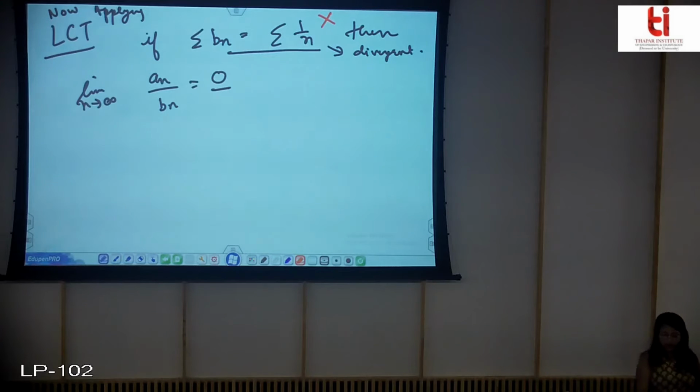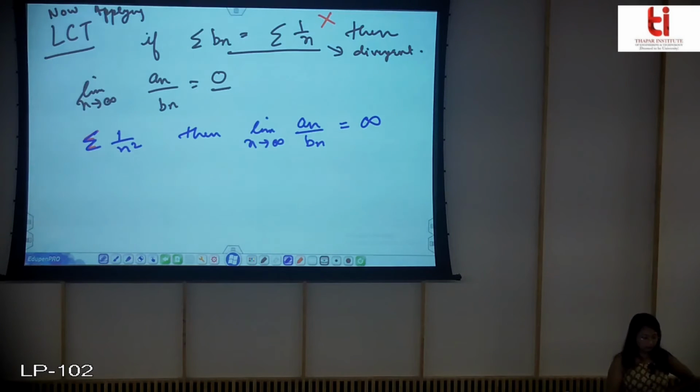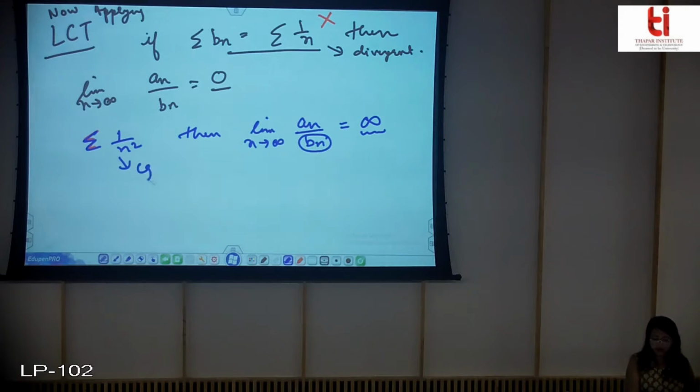Now if I take the summation of 1 by n square, let's try, then the limit as n tends to infinity of An by Bn will be infinite. You can easily see that. So again this is infinite and Bn is convergent.